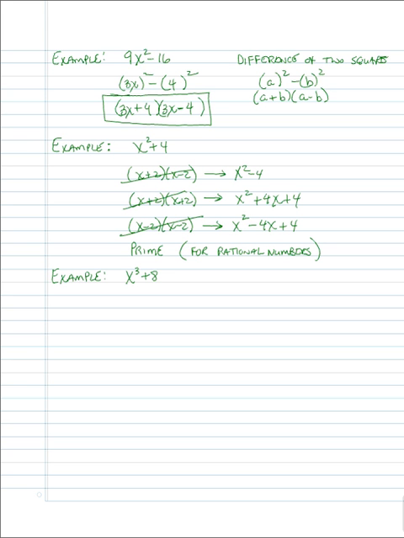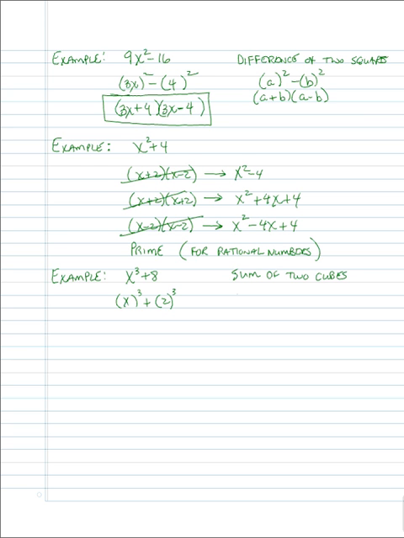To factor this, we have to recognize that it's the sum of two cubes. See, in the first position, we can cube x to get x cubed. In the second position, we can cube 2 to get 8. So we have the sum, the addition of two things being cubed.